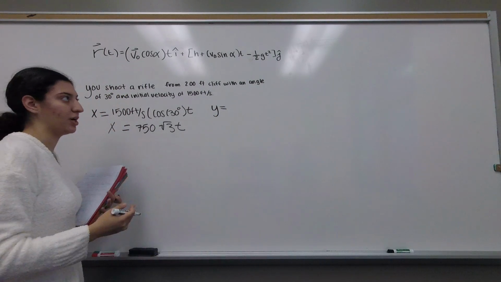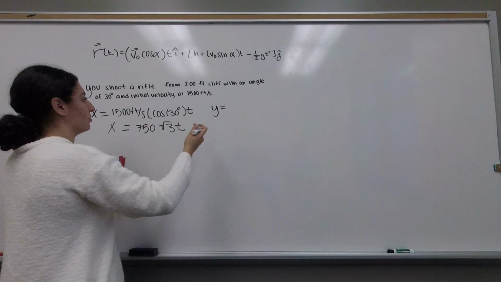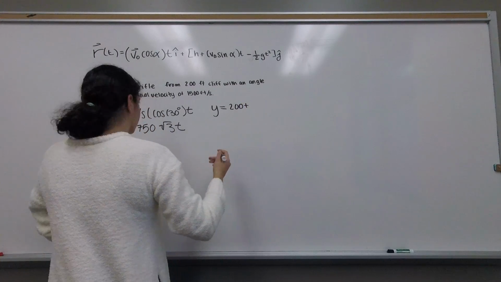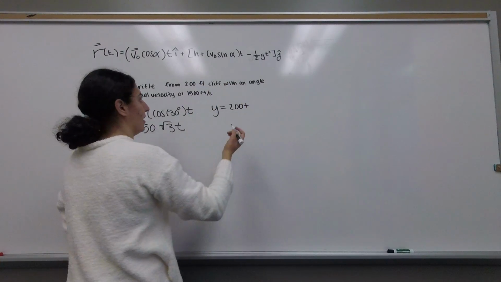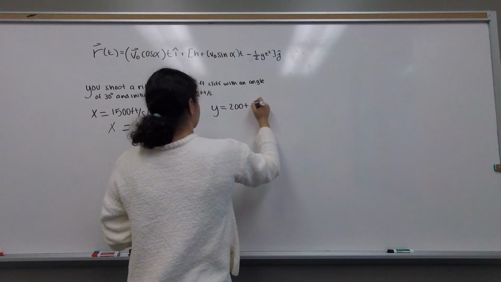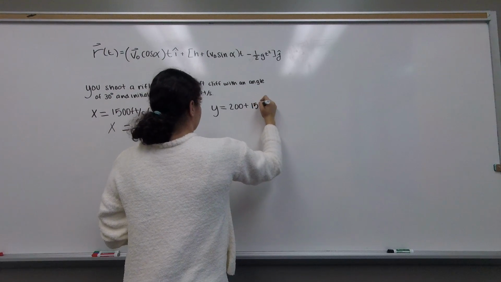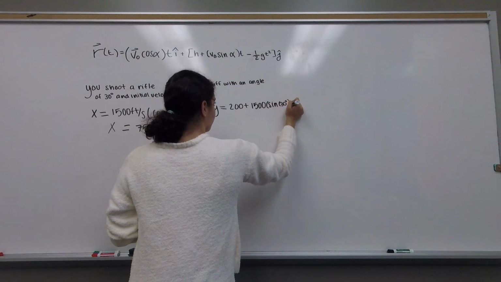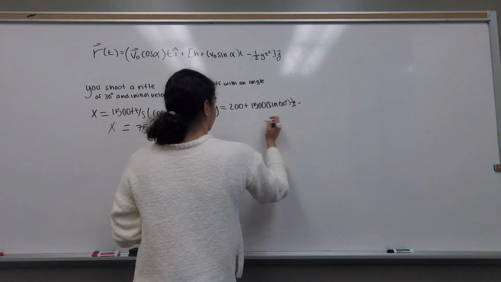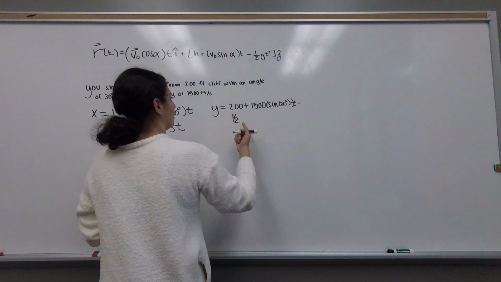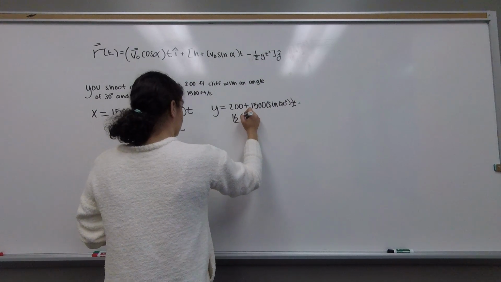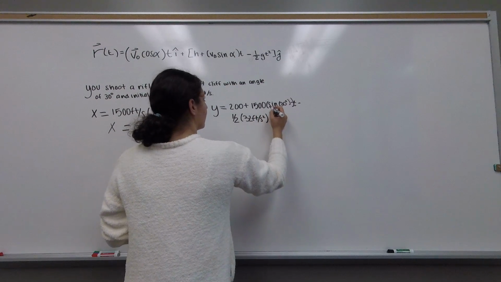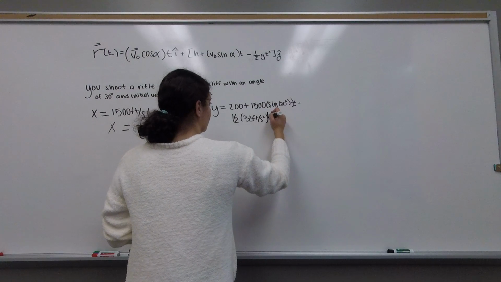Similarly, we can do this for the y direction, everything for the j. So we have h, which is our initial height of 200 feet. And then v initial sine alpha, so that was 1,500 times sine of 30 degrees times t minus 1/2 g, but this is feet per second, so it's 32 feet per second squared, and then all of this times t squared.